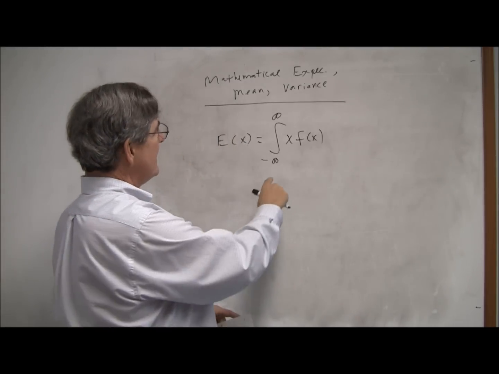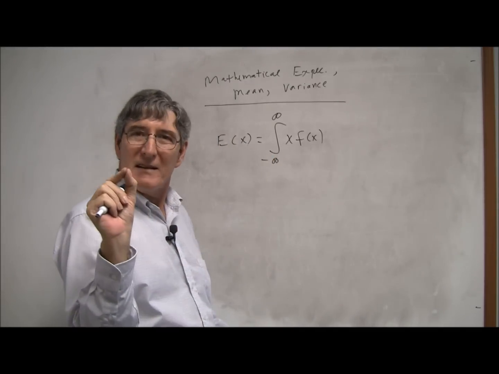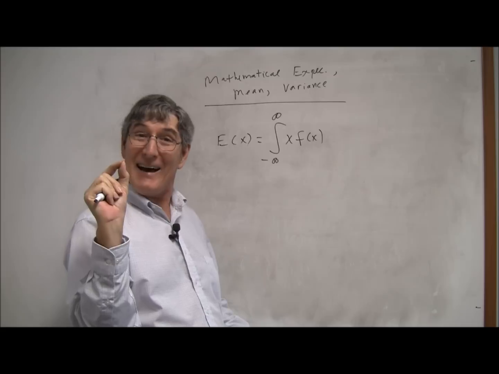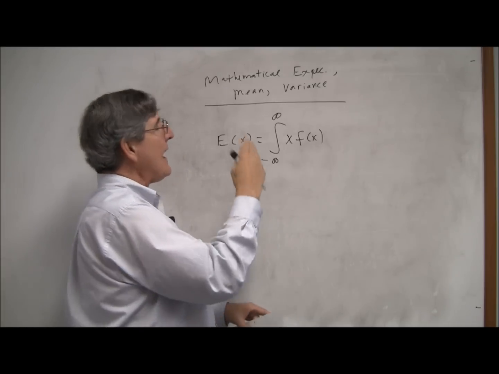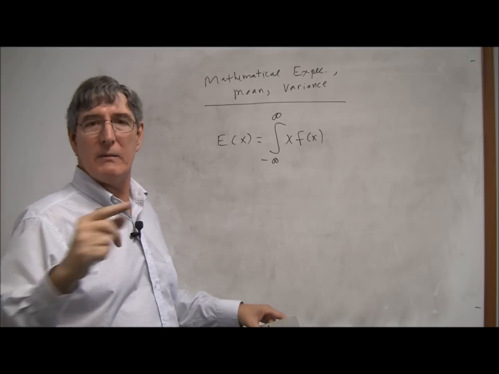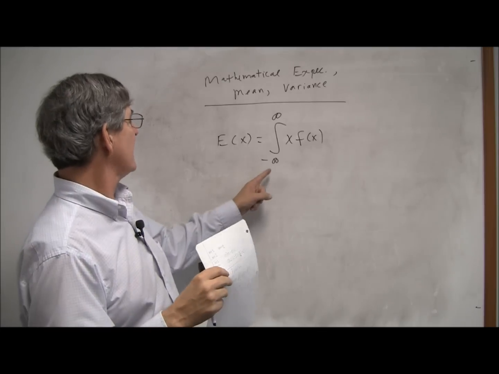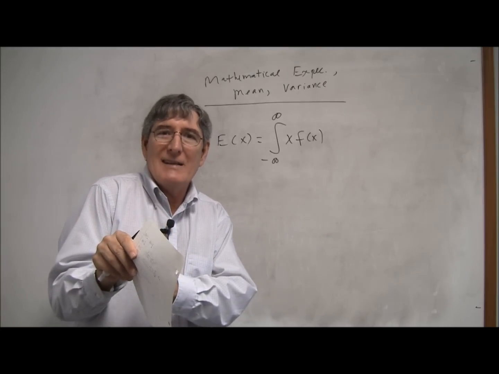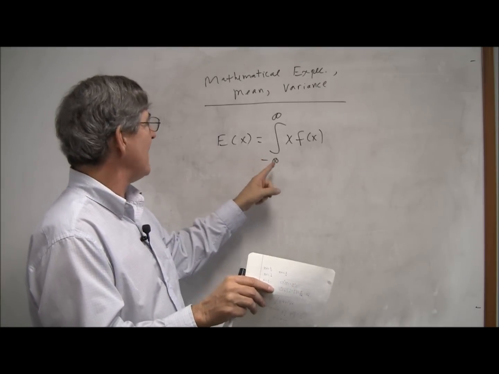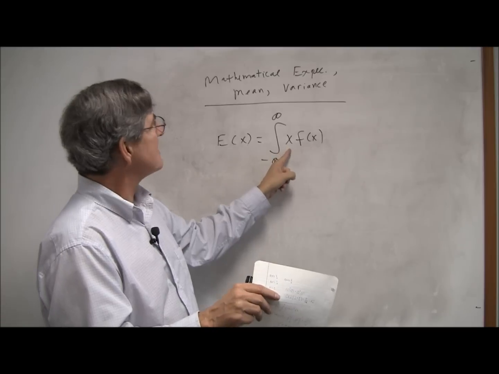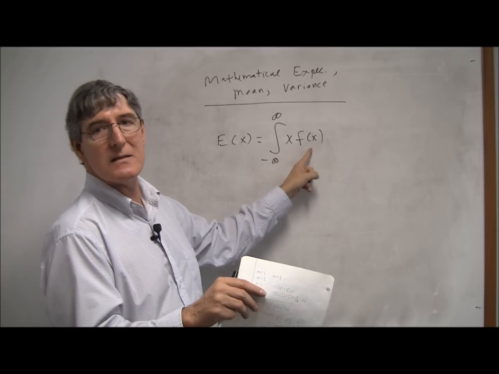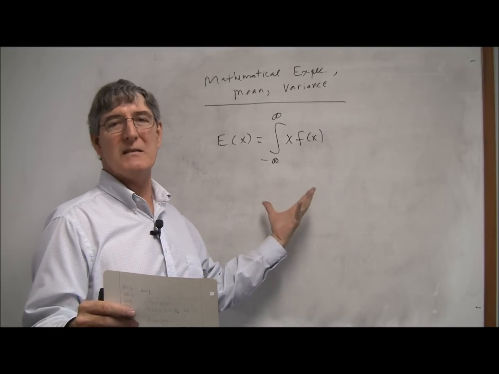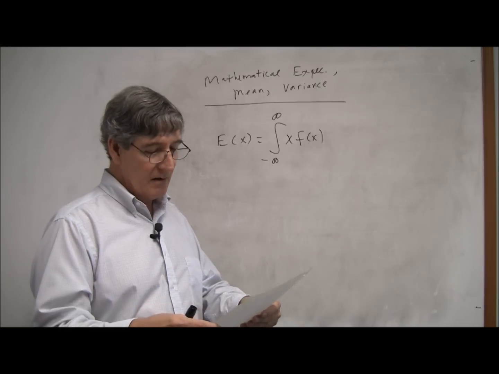So what we have to do is sum over infinitely small things, because the width of a line is very tiny. And so we can't add them up the same way we can discretely. We have to integrate. But integration is just the limit of sums when the interval gets very, very tiny. So this is just the same thing. It's a sum of the x's times the probability of the x's. And so it turns out to be the same thing intuitively. Because it's continuous, we have to do the math a little bit differently.